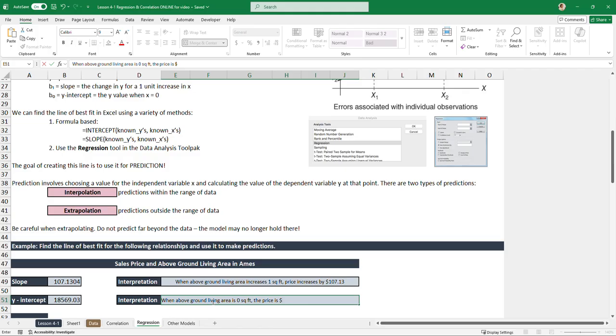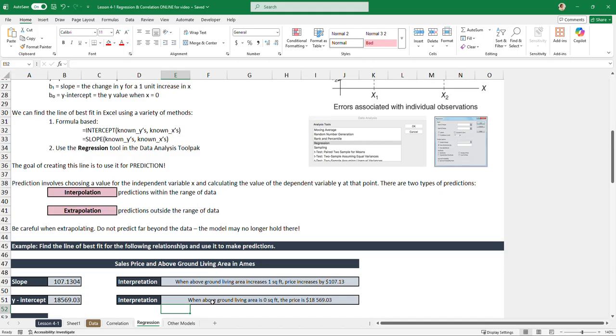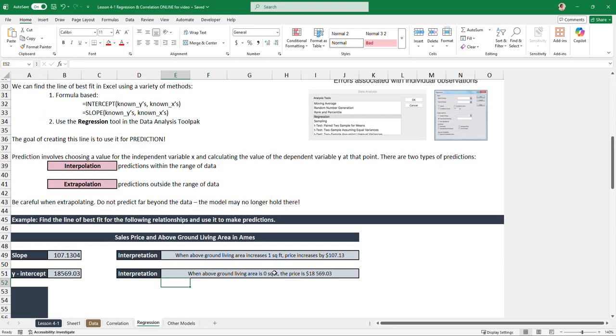But that's probably why the price is quite low. Houses also don't sell for only $18,569 because this is not a realistic situation. But even if it doesn't actually make sense in real life, that is still the interpretation of the intercept, the value of y when x is 0. So if x is living area and it is 0, that would be the value of the price.